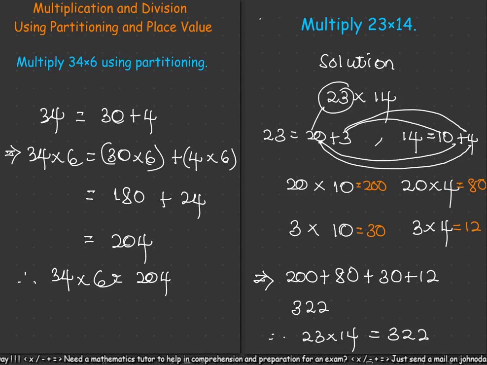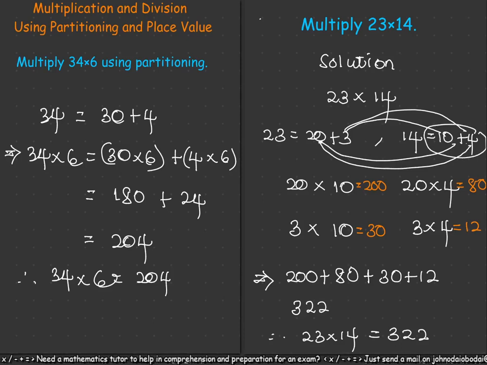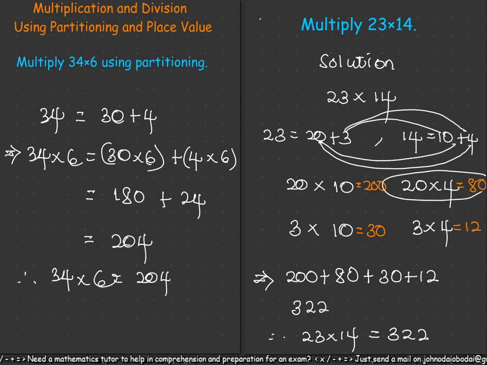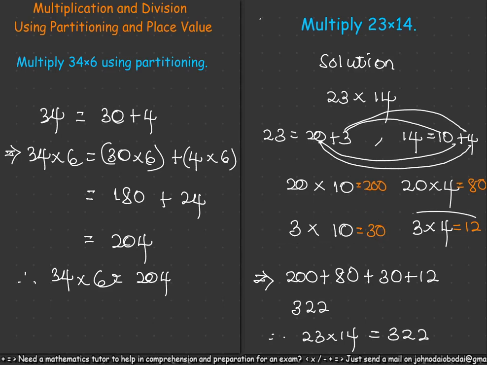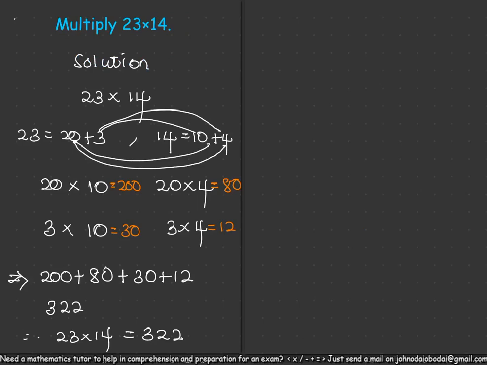So the 23 is what we wrote over here, and the 14 is what we have over here. With that said, the 20 is going to multiply both the 10 and the 4. So this here is the 20 times the 10, and this here is the 20 times the 4. And the same applies to 3. So 3 also does the same thing. And if you finish, you just add all the answers you have over here, and then you are good to go.